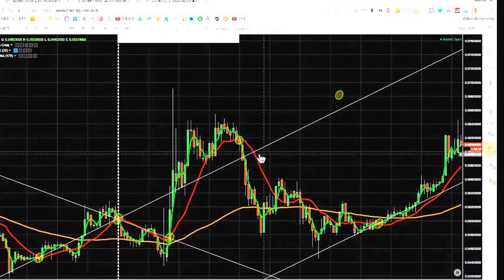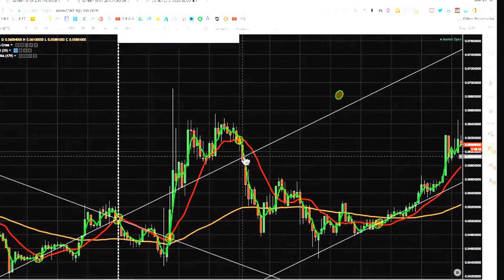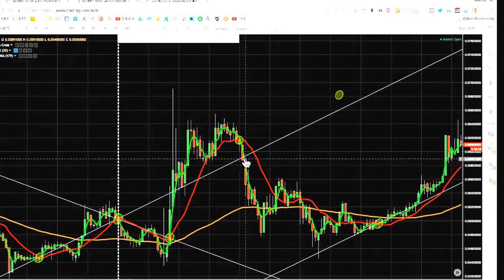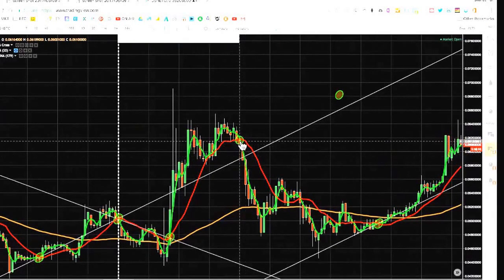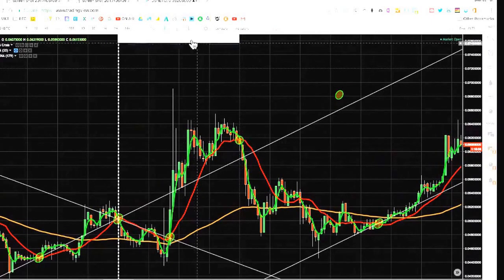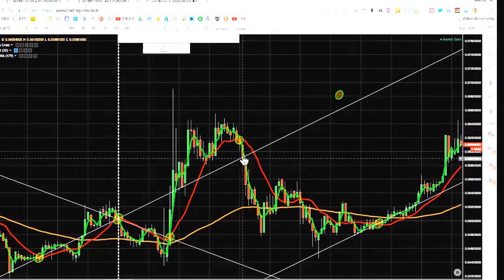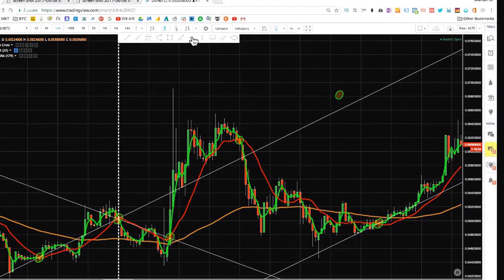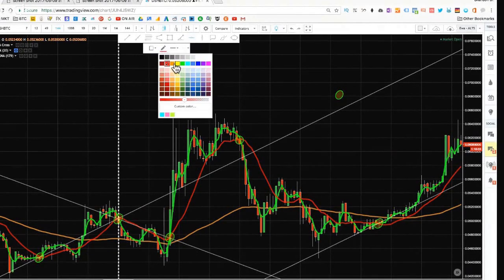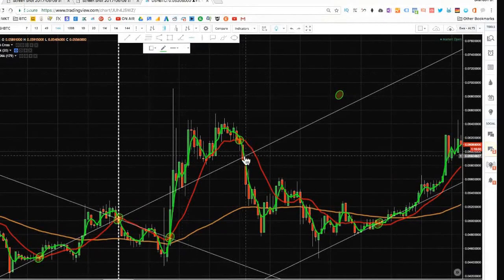Watch what happens. As soon as we cross this green right here, that's a very meaningful point because it came after another important intersection. So let's do this. As soon as we cross that green, watch what happens. We'll throw this one to be another green.